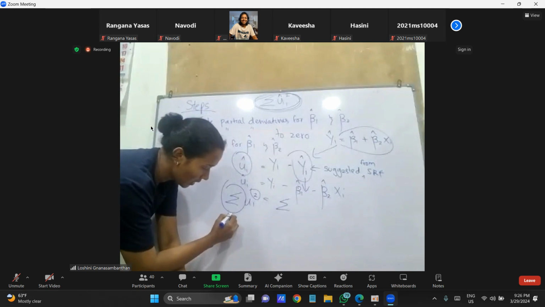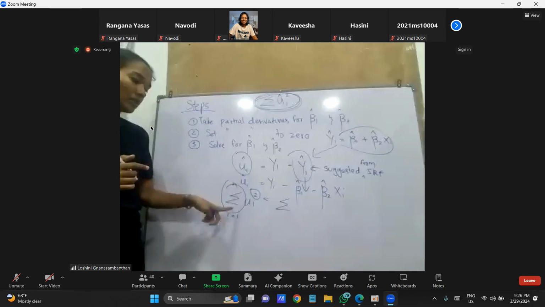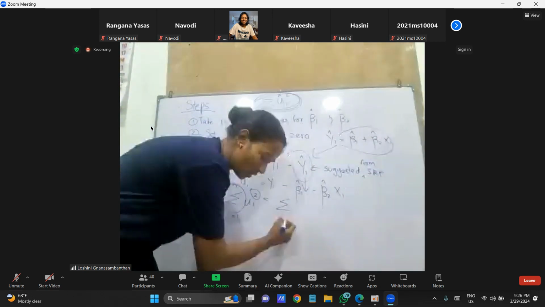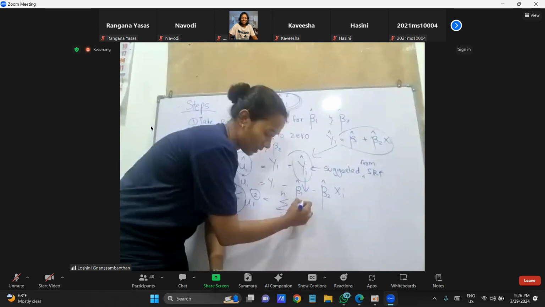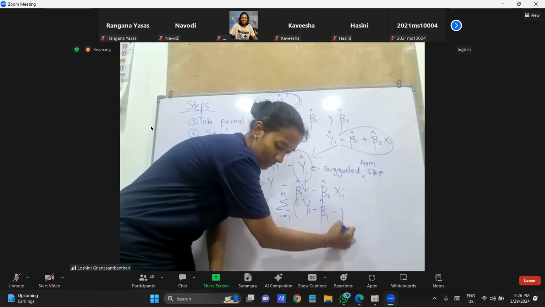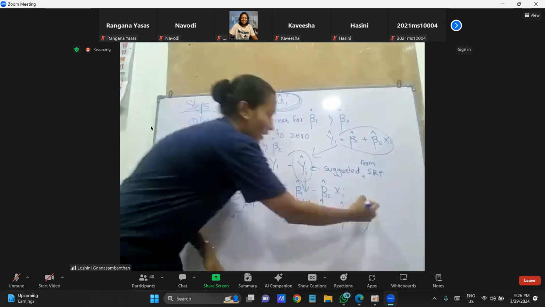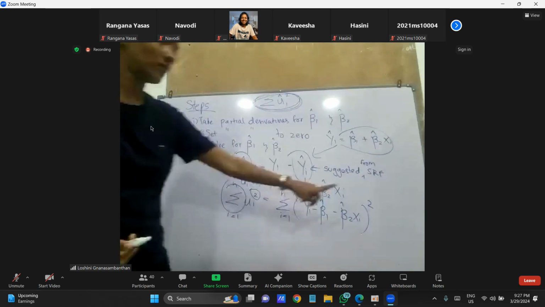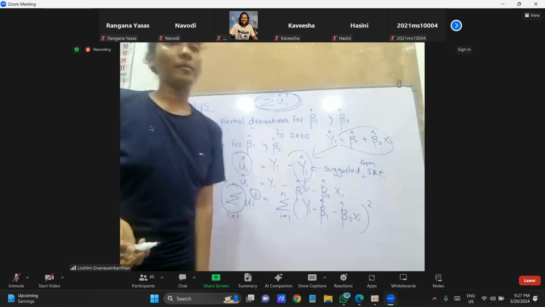This runs from i equals 1 to n, depending on how many sample points you have, represented by i. Then here also i runs from 1 to n of yi minus beta 1 hat minus beta 2 hat xi, square. Don't forget the square. I put a bracket and made it a common square.